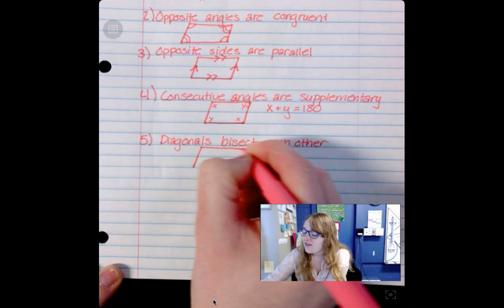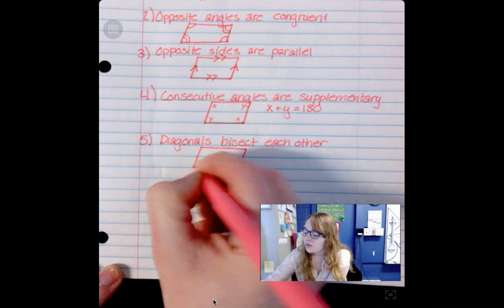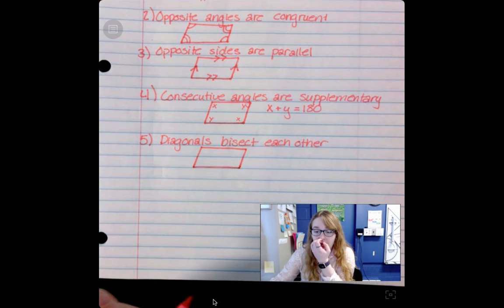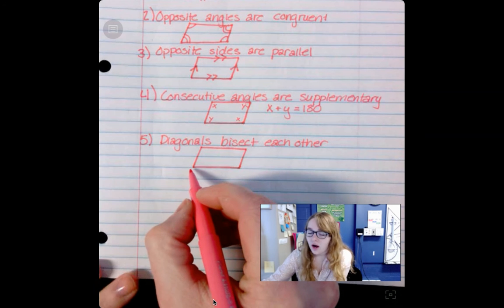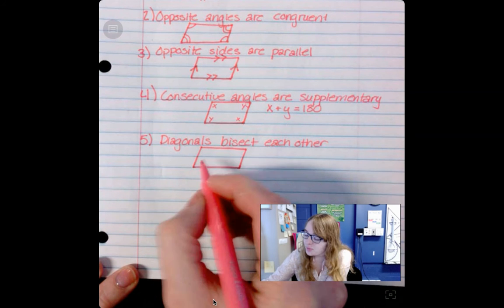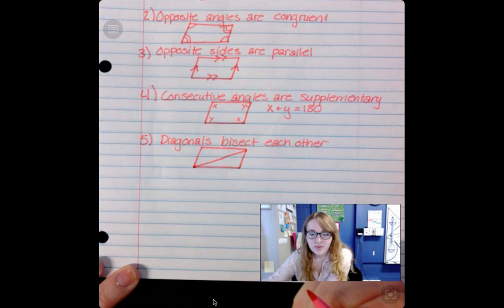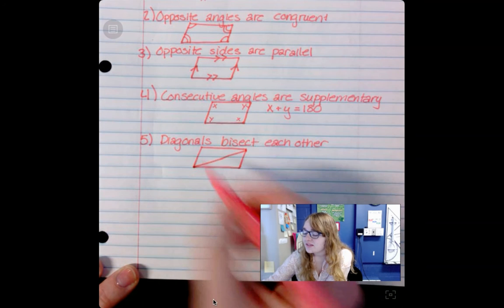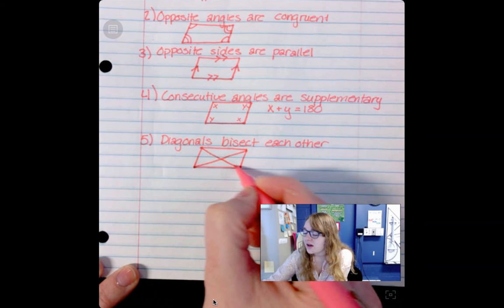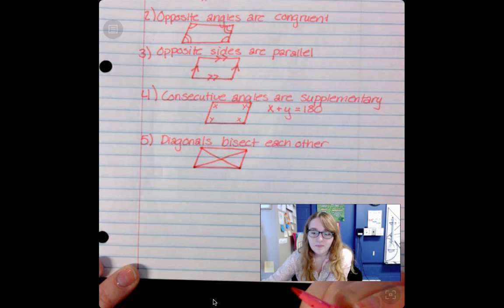Okay, so if we have a parallelogram here, remember that the diagonals connect the angles that are not already connected by sides given in our shape. So our bottom left angle and our top right angle would have a diagonal connecting them. And our top left angle and our bottom right angle would have a diagonal connecting them as well.